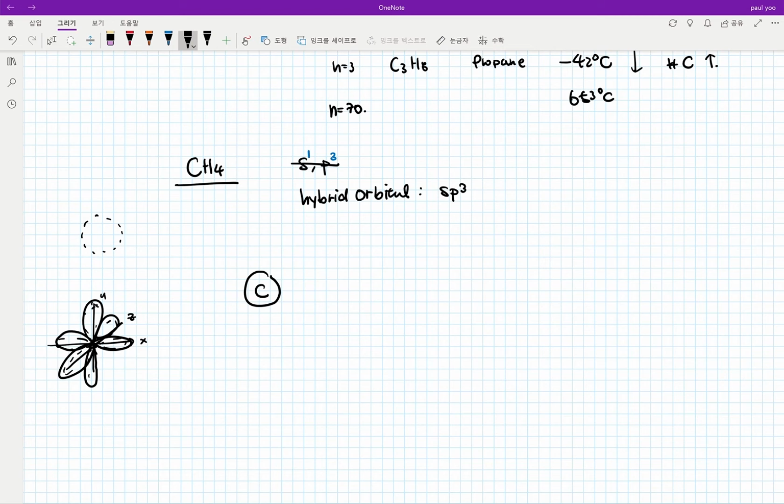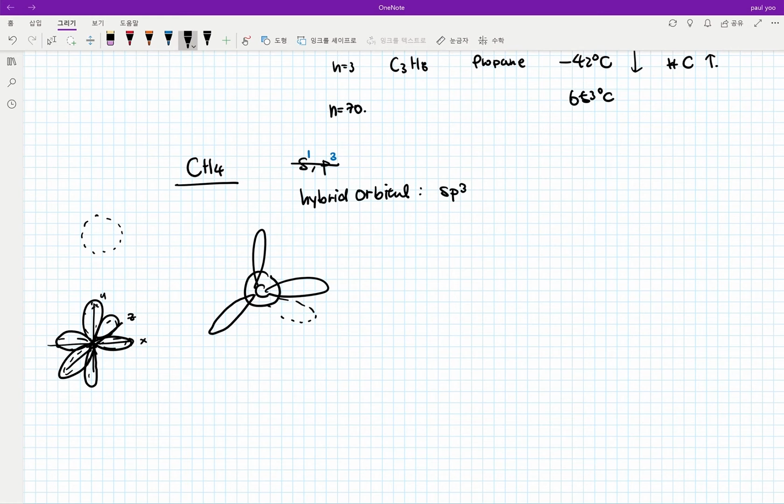The sp3 hybrid orbital has a shape with one going up, one going to the right, one coming out, and the last one going to the back, like that.